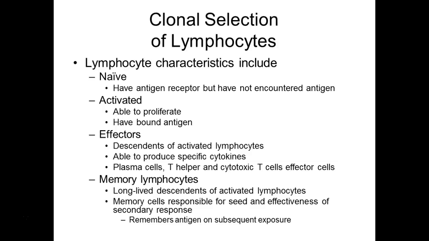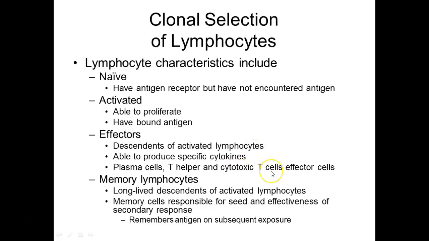And to do their job, they have to be able to be effective, right? So some of them have to differentiate into these effector cells that actually do something. So for a B cell, that would be into a plasma cell that secretes antibodies. For a T cell, that would just be an activated T cell that goes and helps B cells and macrophages.